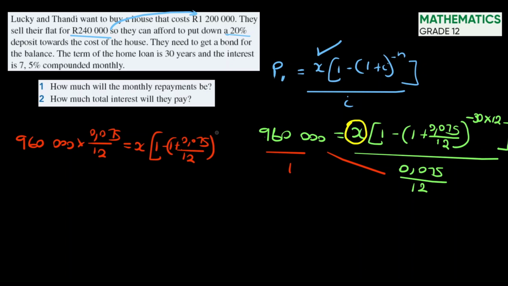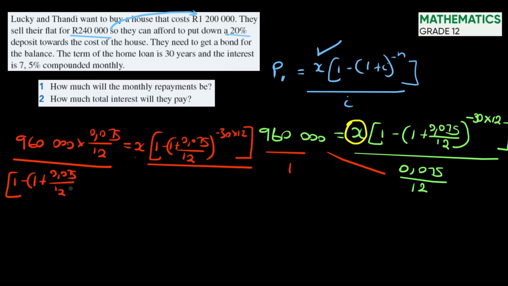So we can leave it as negative 30 times 12. Square brackets, remember, we're trying to solve for x. So we can divide both sides by what's in the square brackets, which is 1 minus 1 plus 0,075, all divided by 12, to the power of negative 30 times 12.